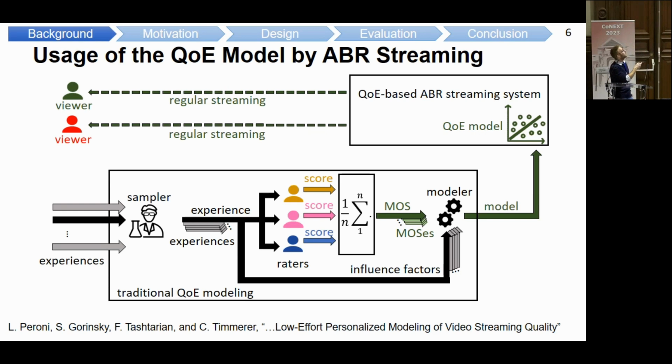First of all, the viewers, the consumers, are probably millions, but the model is constructed by just a few people, a few raters. Moreover, the QoE model per se does not even represent the raters, because it's an average, so it represents a hypothetical average user. Next question is, can this model built in this way be accurate for all the viewers?